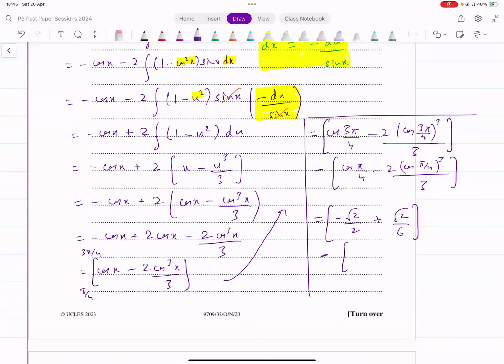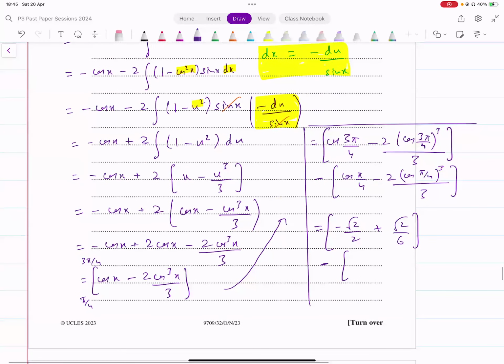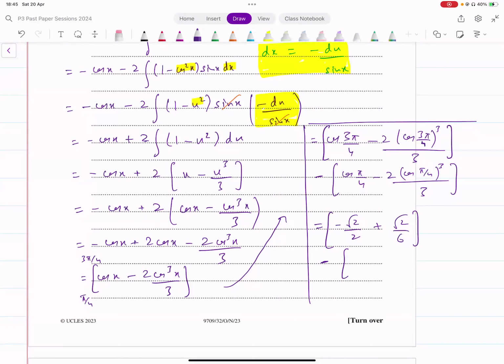Now, what does that give us? What does this give us? Cos of pi over 4. Cos of pi over 4. That's giving me under root 2 over 2. And then you have this thing. Let's see what that gives us. Minus 2 into cos of pi over 4 whole cube divided by 3.